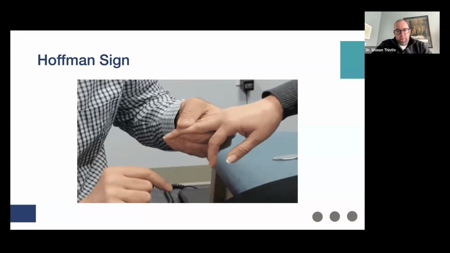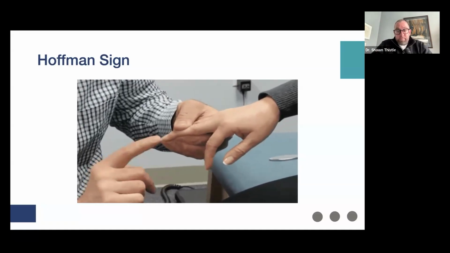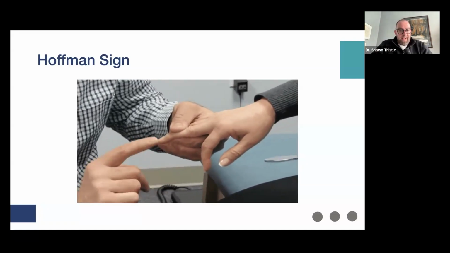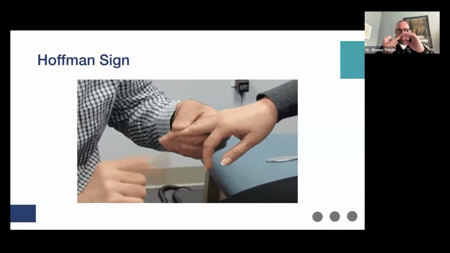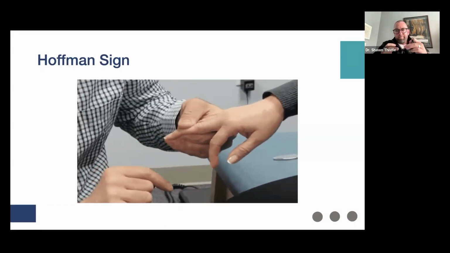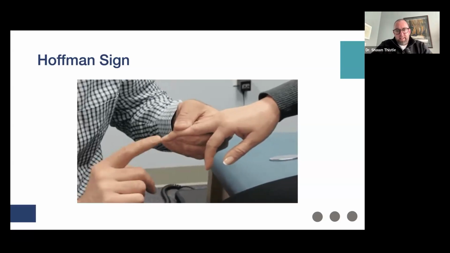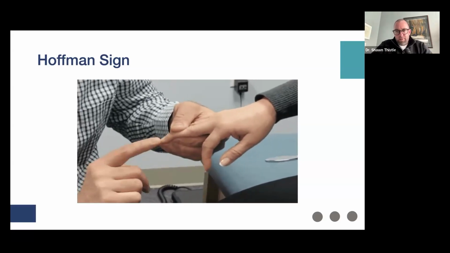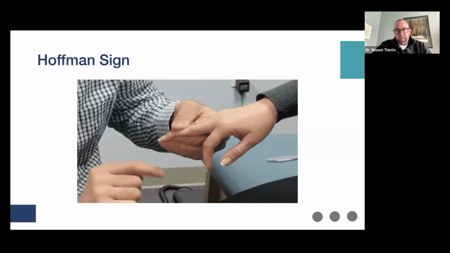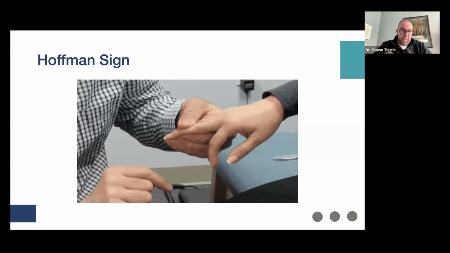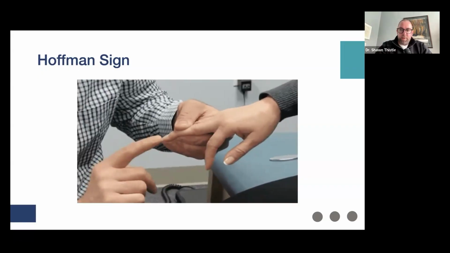Tromner sign is now thought to be one of the better tests for degenerative cervical myelopathy, and it is literally the same test, but you flick the palmar surface of the distal finger. So this is what I said earlier. These tests, there's nothing special about the middle finger. You can do this to any finger. Quite frankly, the reason they pick the middle is so you can see her index finger moving.